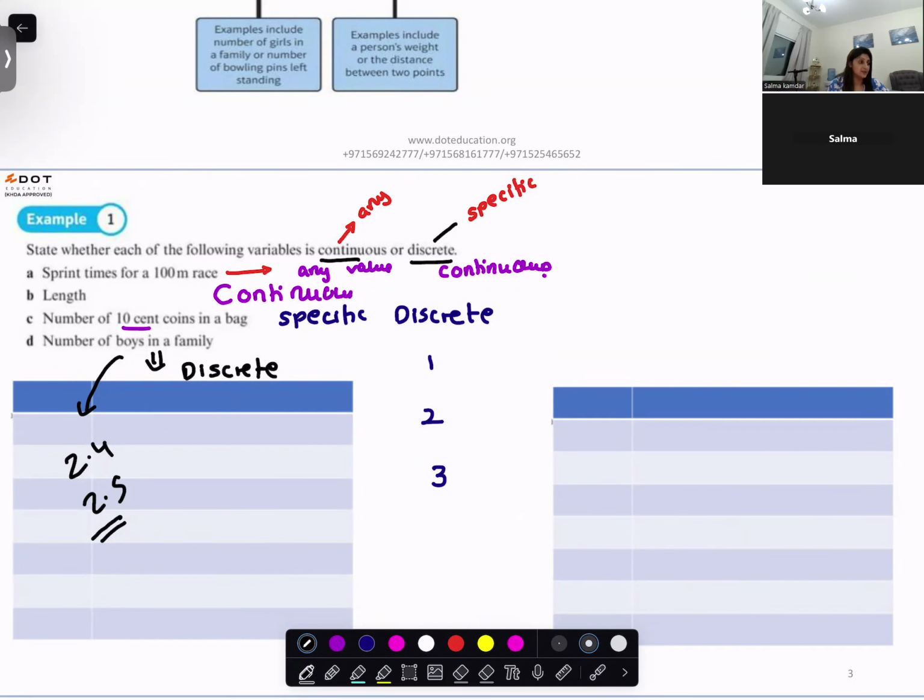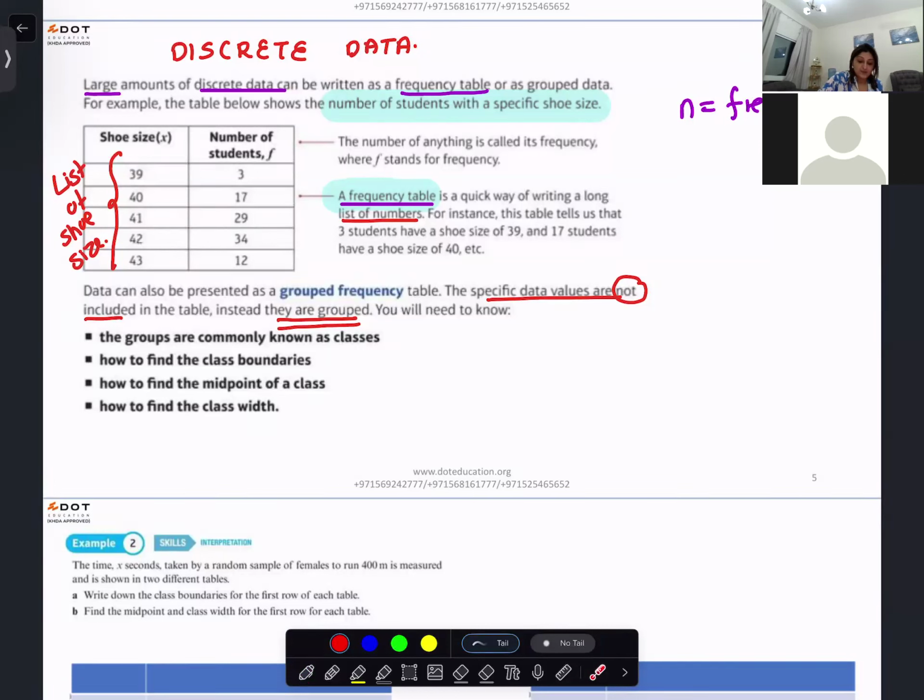Okay, now let's talk about large amount of data. Now we look at discrete data. Discrete data is something that can take an exact value. So if you have a large amount of discrete data, if you see here, I have data for all of these people.